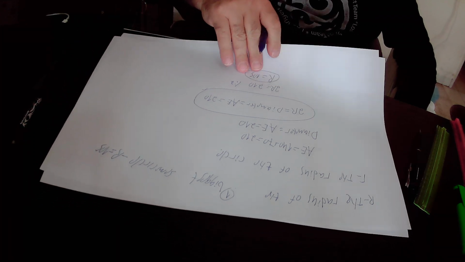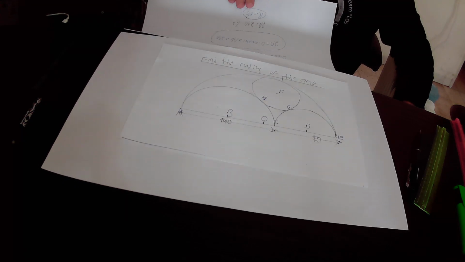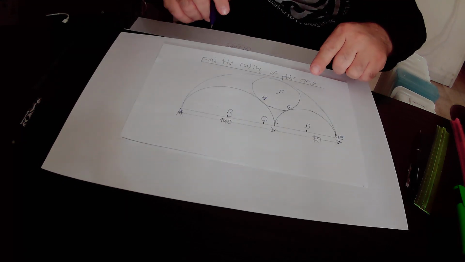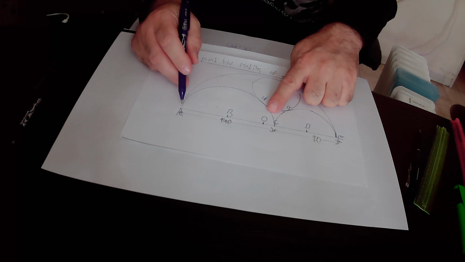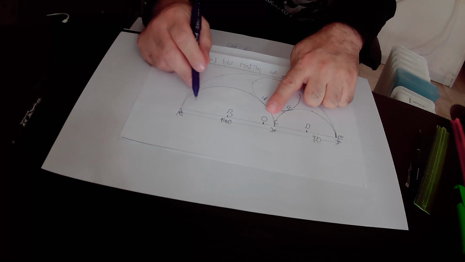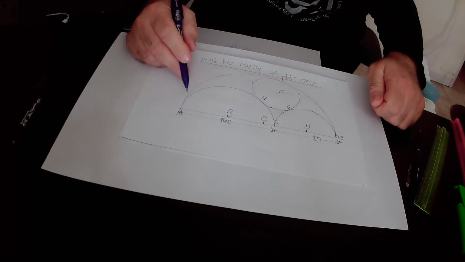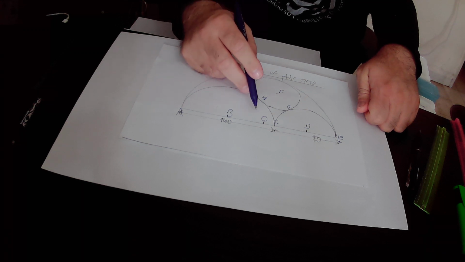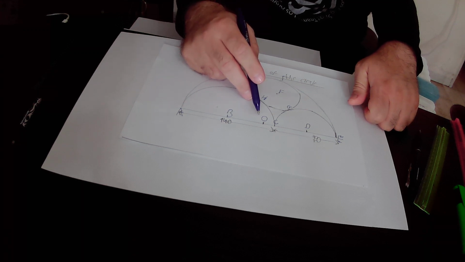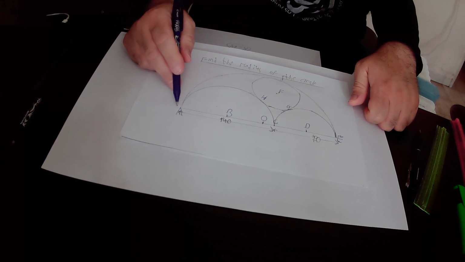We can write down here that the radius AO equals to 105 units. Why is AO the radius of the biggest semicircle? Because of the fact that it starts from the center of the biggest semicircle and ends at a point on the biggest semicircle itself.